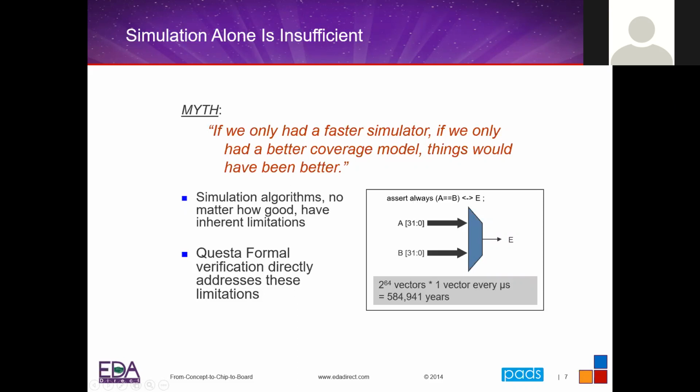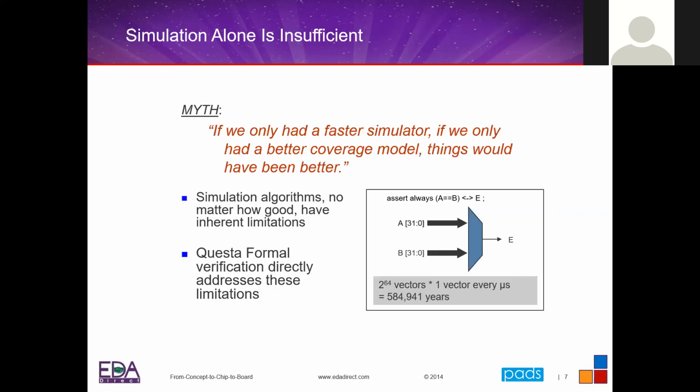What formal verification tools do is they try to calculate a set of stimulus using formal state space analysis that will violate that property. They will either come back with a proof saying it is impossible to violate, or they'll come back with a counterexample that says, if you put this on A and this on B, you will see an error. With this circuit, since there are no flip-flops and no memory involved, that's instantaneous.